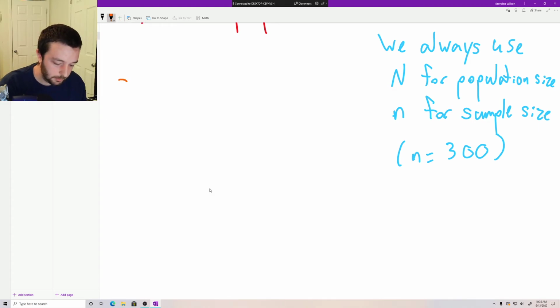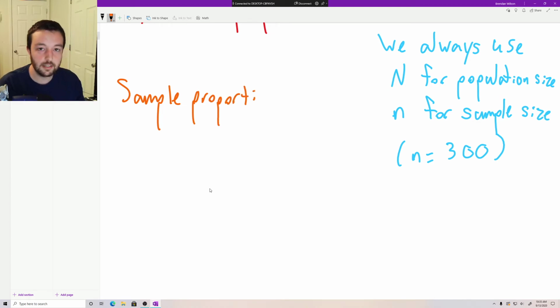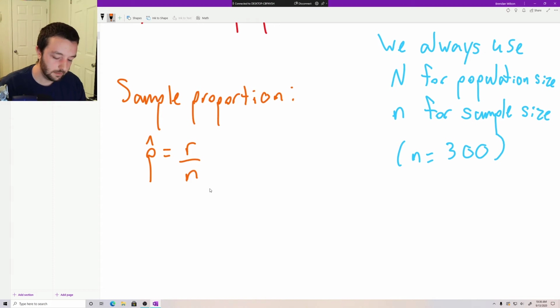So for the sample proportion, it's calculated the exact same way. It's just they use different notation for it, so I just want to write both of them. But the process is the same. You're just taking whatever it is you're trying to observe and dividing it by the total. Okay. That's all we're doing here. So don't get bogged down in the formula if it's confusing or in the notation. So the sample proportion is P with this little caret symbol over it, which we call P hat, equals R over n.